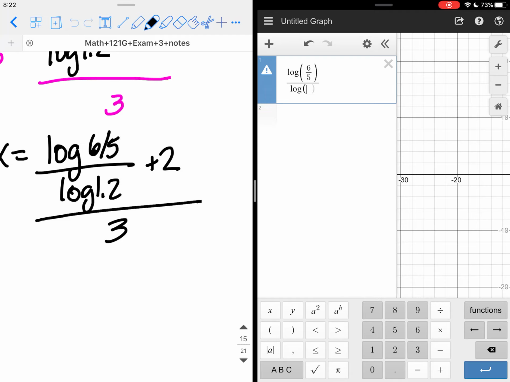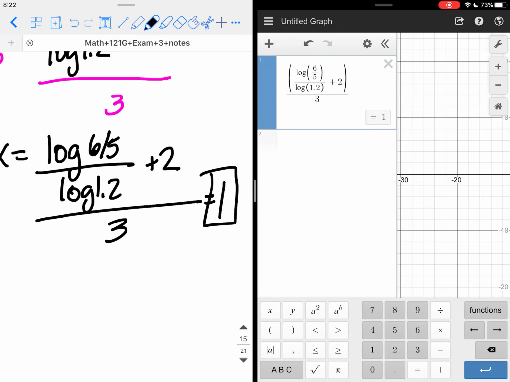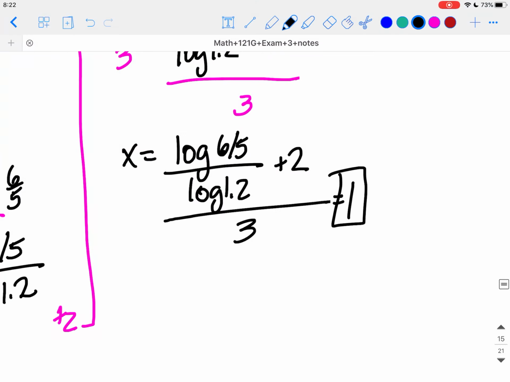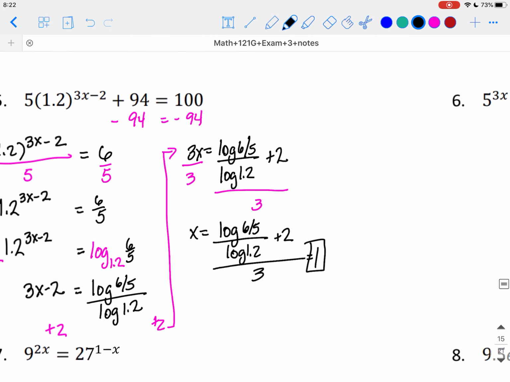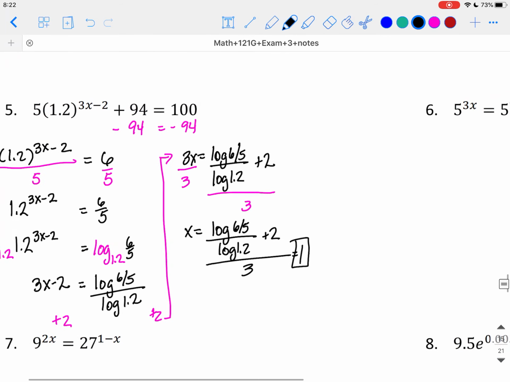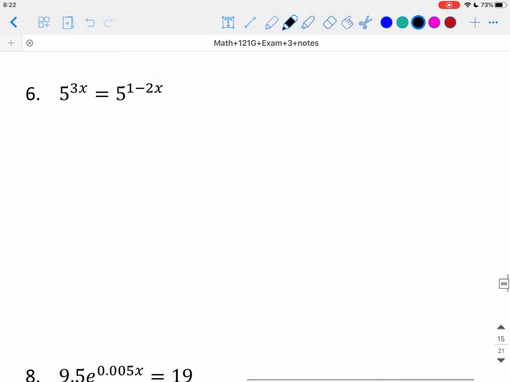Divided by the log of 1.2 plus 2. And so all of that, so to make sure it's all of that, I'm going to put some parentheses there, divided by 3. And it simplifies to 1. So that's this problem right here.